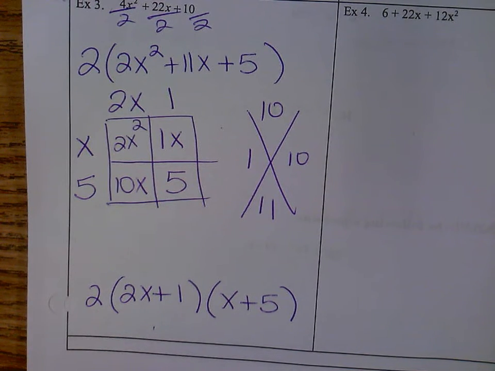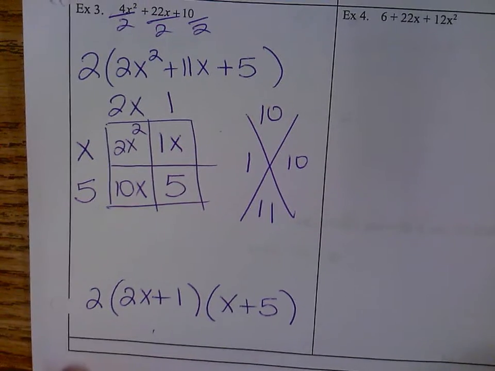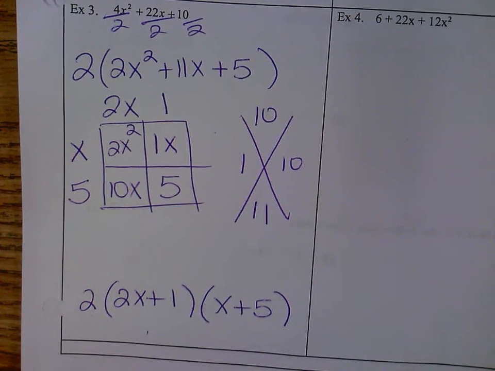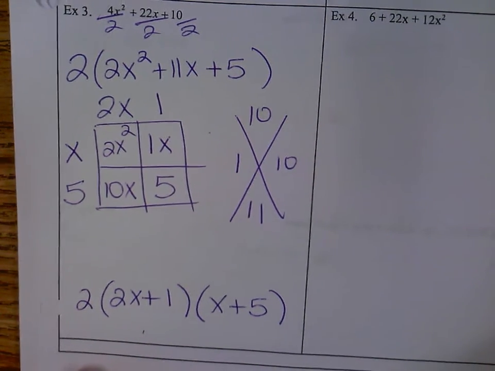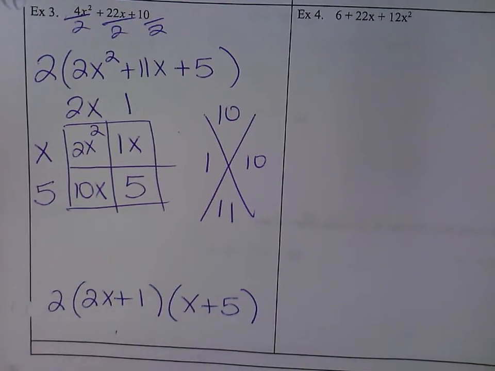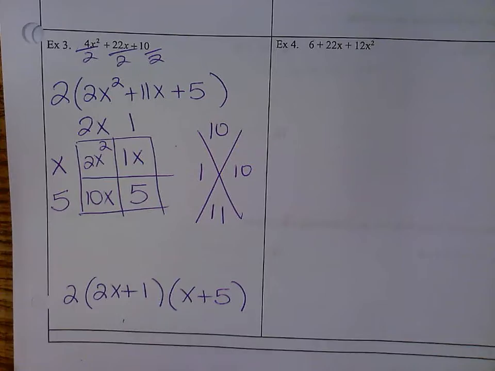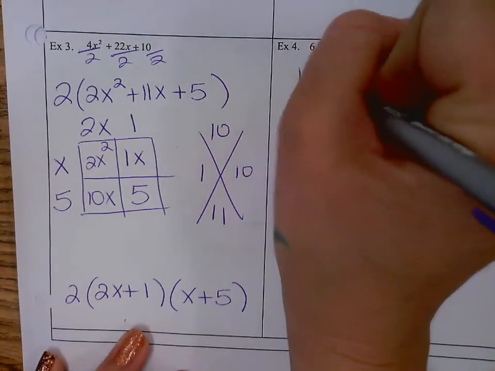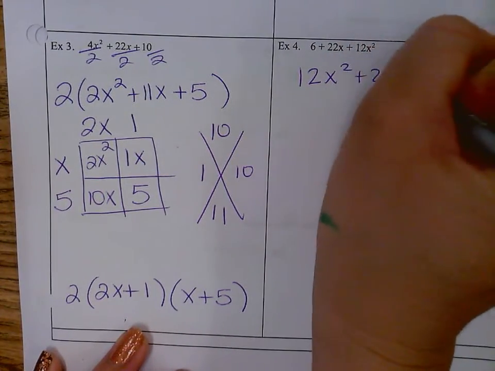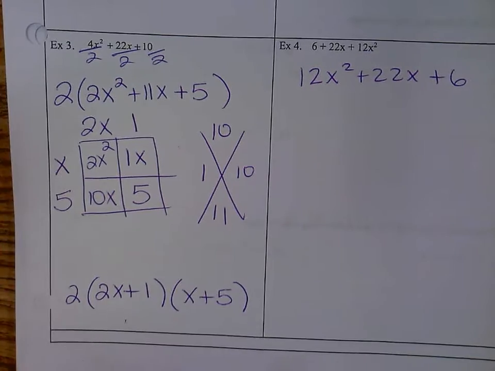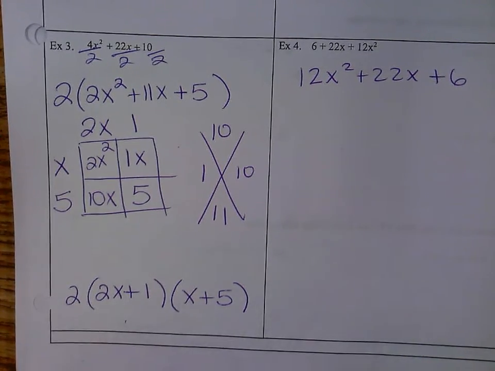All right, what is the problem with number 4? Slight problem before we start. It's nice to line it up in standard form before you start anything. So I'm just going to rewrite 12x squared plus 22x plus 6. Now, if I forget to do the greatest common factor, I'm going to have to do the factors of 72.